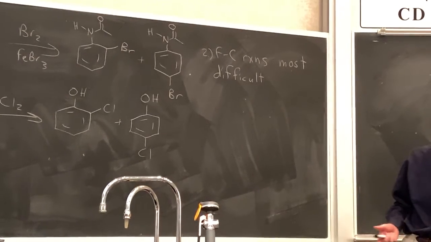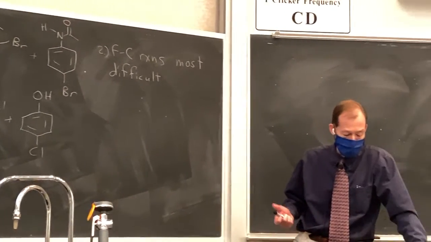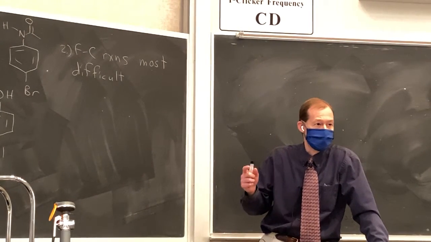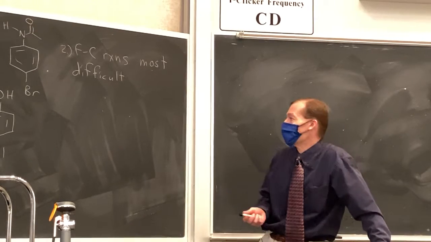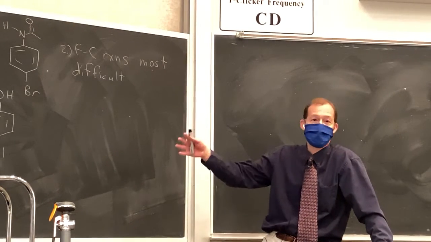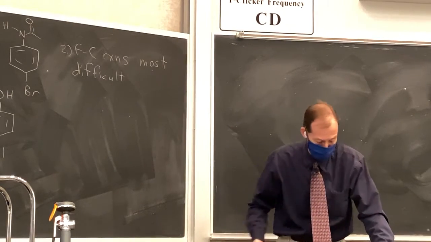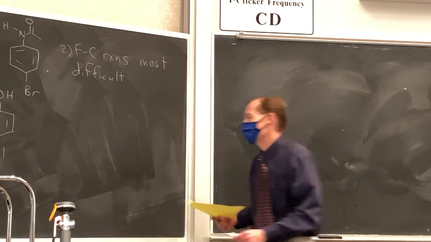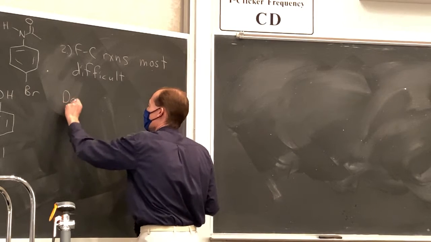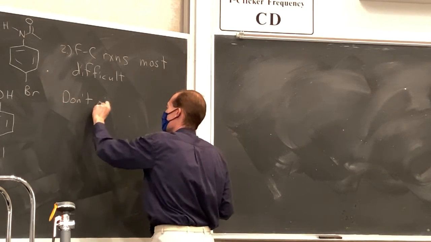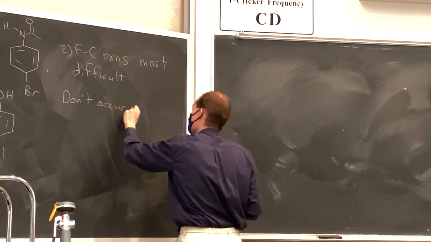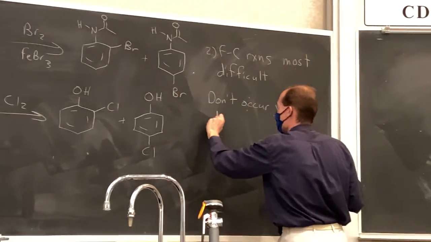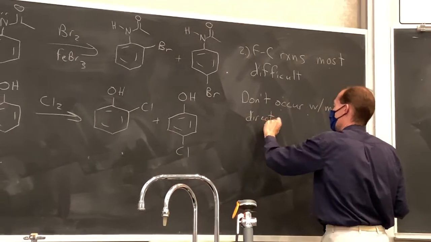So the electrophiles, in the case of the Friedel-Crafts reactions, are less reactive than the electrophiles in our other electrophilic aromatic substitutions. So we'll have higher activation energies, slower reactions. And so there's a consequence to this, which is that Friedel-Crafts reactions will not occur if we have a meta-director attached to the ring. Okay.